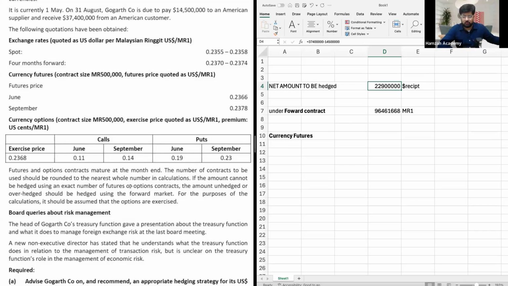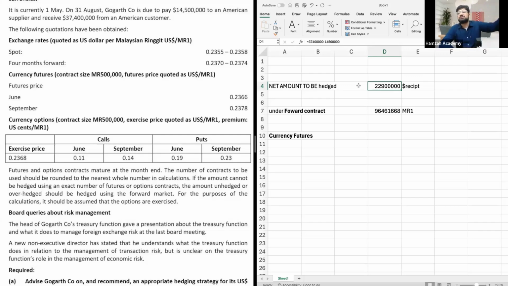I'm not getting a response from people. Tell me. Okay, got it. One response. More responses. They should buy or sell futures, and which futures? June or September? Two things you have to decide. First of all, June or September? Which one? The transaction date is 31st August. So the future expiring immediately after, the September future.